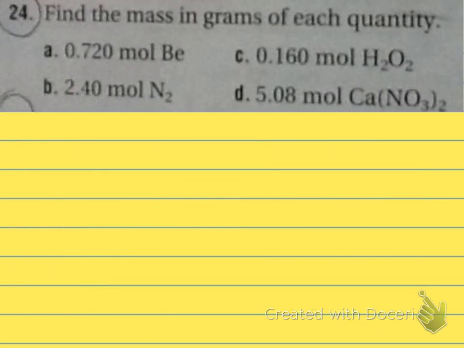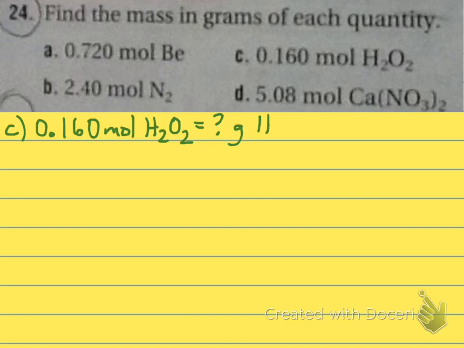All right, let's look at letter C and D. C is asking us to take 0.160 moles of hydrogen peroxide and figure out how many grams of hydrogen peroxide we have. Again, we have a tool on our toolkit that has grams and moles in it. It's molar mass. So again, I start with my given, 0.160 moles of peroxide.